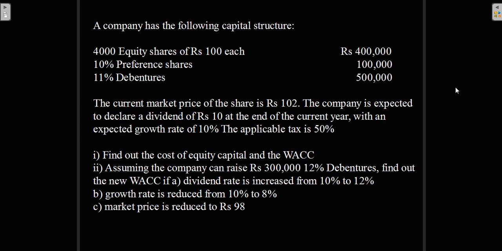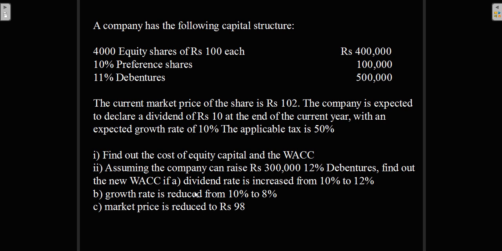Second scenario: to these three sources, there is one more source they are adding, that is 3 lakh 12% debentures. Over and above these three sources, they are adding one more fourth source of 3 lakh 12% debentures. They are asking us to find the new weighted average cost of capital.